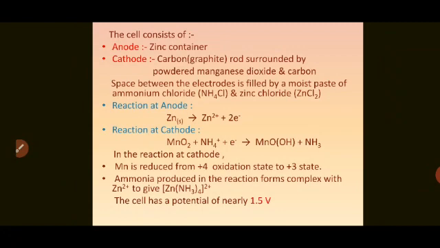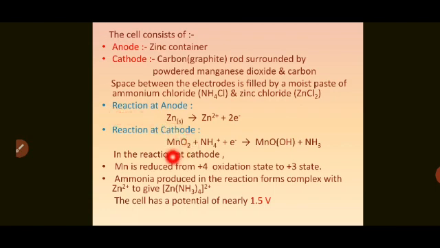The cathode, a carbon or graphite rod surrounded by powdered manganese dioxide and carbon, acts as cathode. The space between the electrodes is filled with a moist paste of ammonium chloride and zinc chloride.